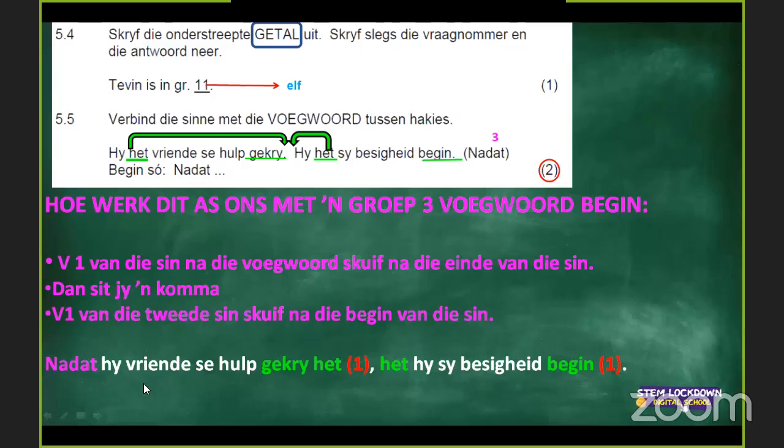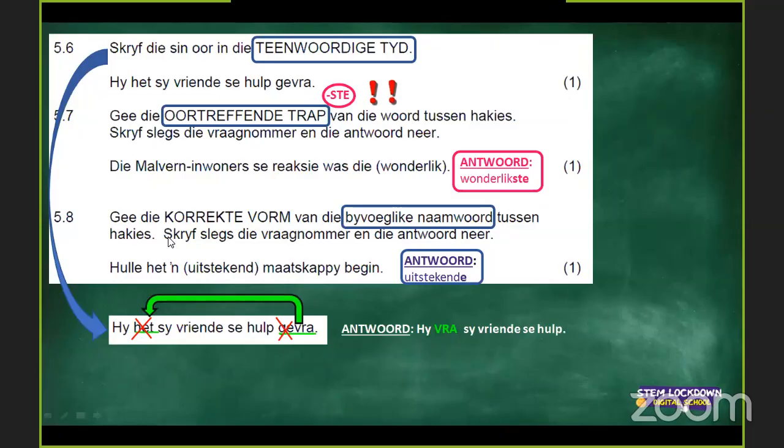You will get a mark for moving this verb to the end, and then you will get a mark for moving this verb to the beginning. However, everything else has to be in the right order. But now remember what I said. It is only the verbs moving around in these sentences. Nothing else. Goed.